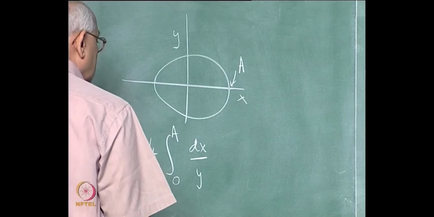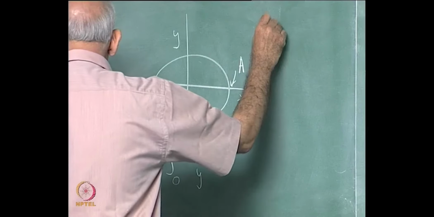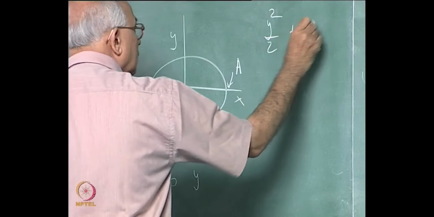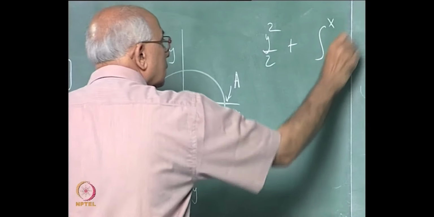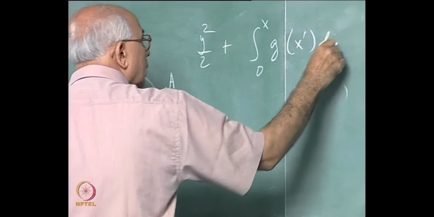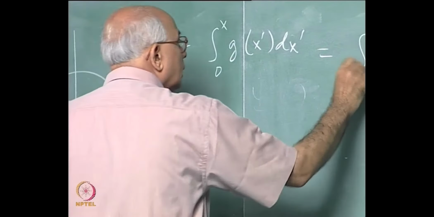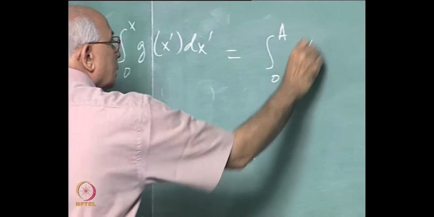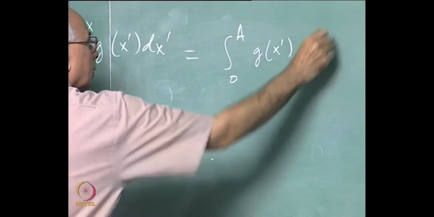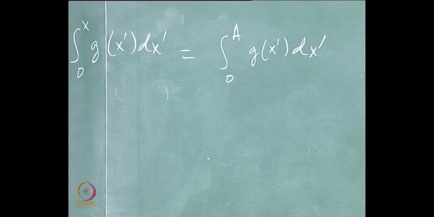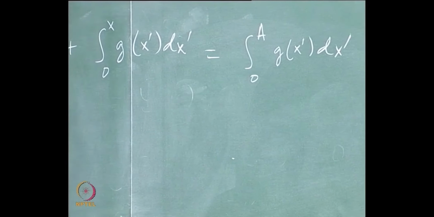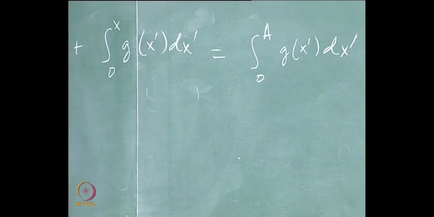And what is y on this trajectory? We know that y squared over 2 plus the integral from 0 to x of g of x prime dx prime is equal to the integral from 0 to a of g of x prime dx prime. That is the total maximum value of the potential energy.